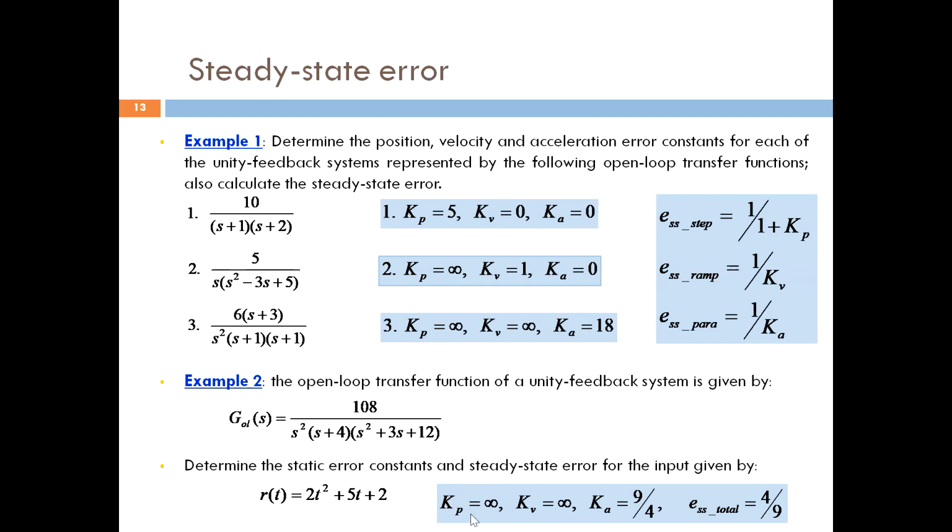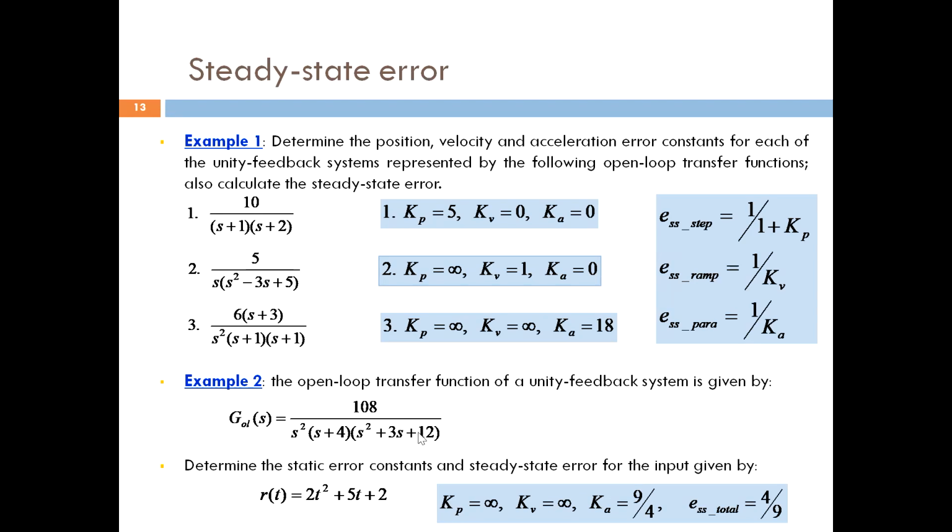The position error constant is infinite. The velocity error constant is also infinite. And the acceleration error constant is finite, 9/4. And the combined steady-state error is given by 4/9. So again, just to reiterate, you can see this is a type 2 system.